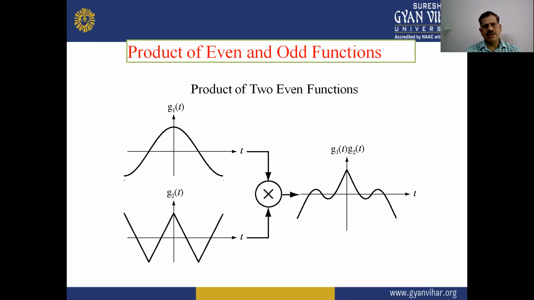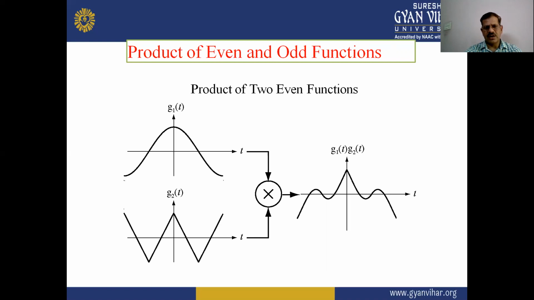Product of even and odd functions. So the product of two even functions is in this diagram. Here one function is g1(t) and the second function is g2(t), and these are multiplied, and after the product the output is the second diagram, that is the waveform.